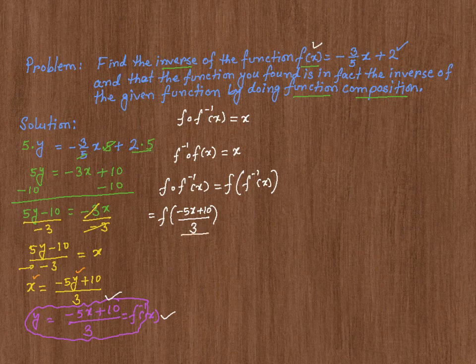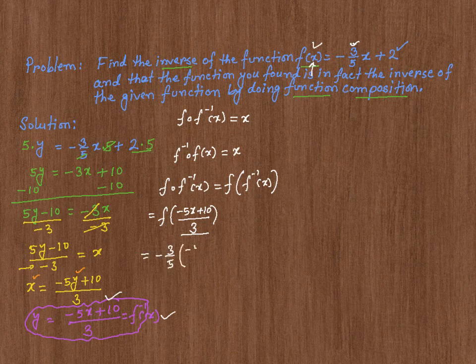Now what does f do to the input? We can look at the definition of f here. It takes the input and multiplies it by negative 3 over 5 and adds 2 to it. So this function is going to do exactly the same thing. So negative 3 over 5 times the input.